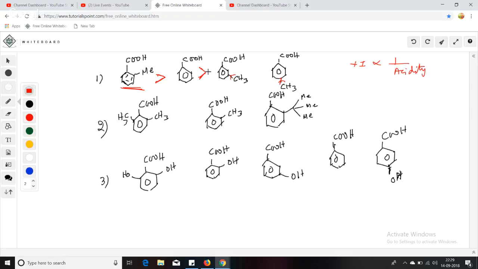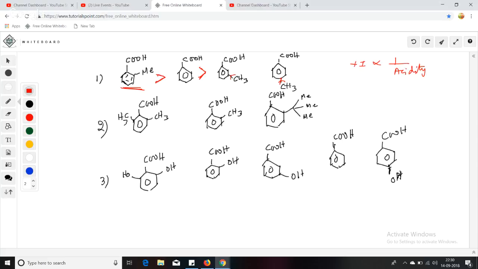Okay, and here what happens? The plus I nature of CH3 is more over here than here, right? But in the fourth one, we have the hyperconjugation effect also, right? If the plus I nature of this is more, the acidity of this should be less than this if we consider only the plus I nature.